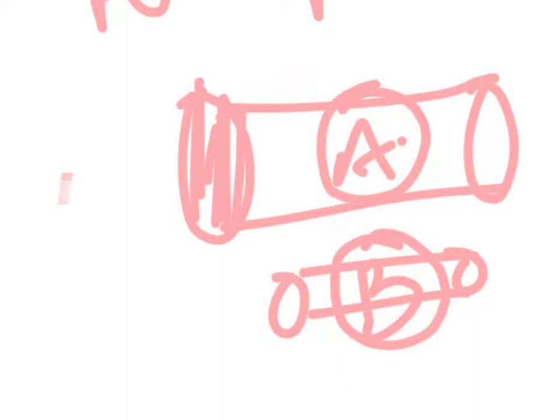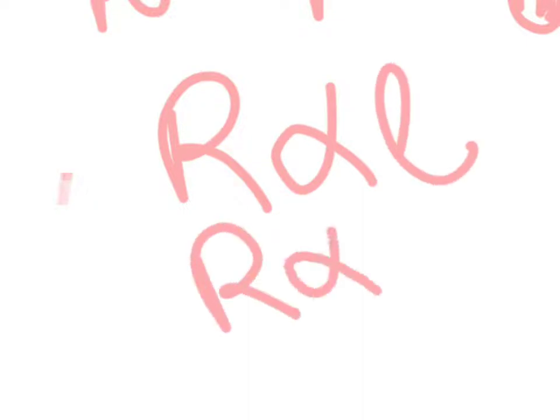So we have two relations here. One is that resistance is directly proportional to length. Second is that resistance is inversely proportional to the area of cross section of the conductor.